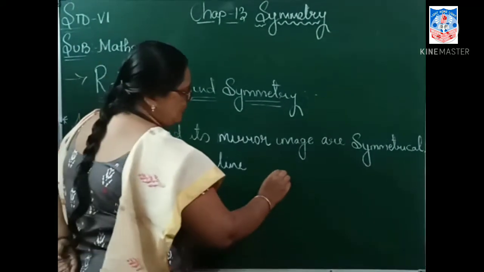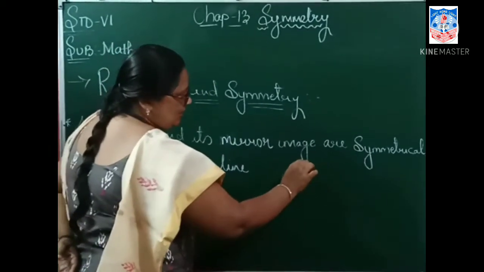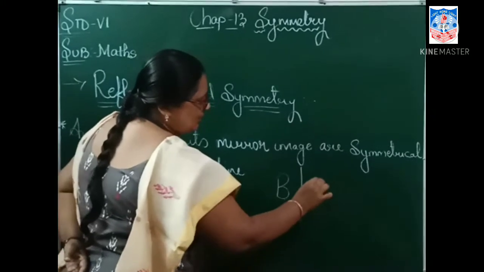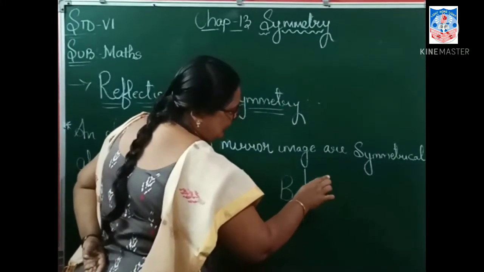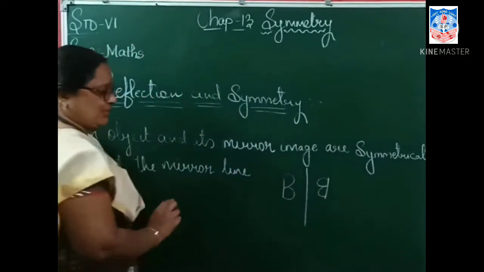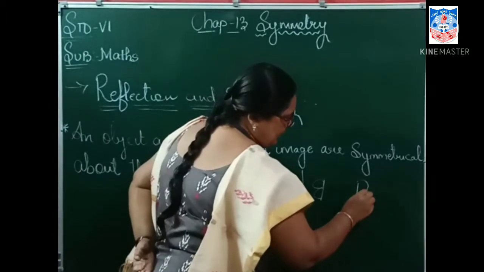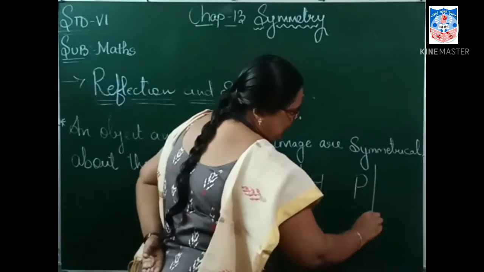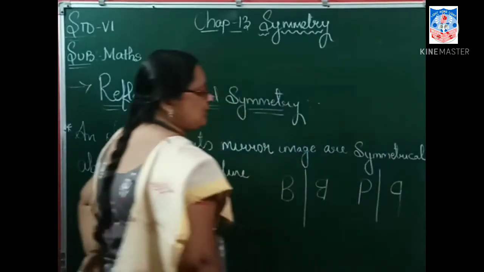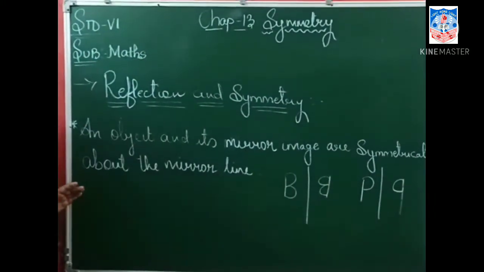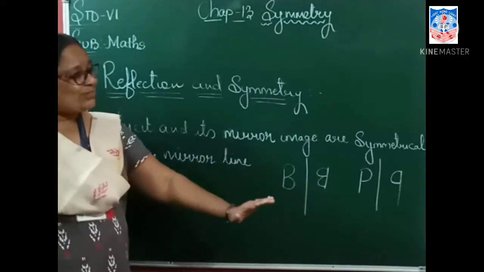This is B. When we see B in a mirror, it will look like this way. That means they are not symmetrical. P, see here, this is P. When we see P in the mirror, it will look like this way. Some alphabets look different.